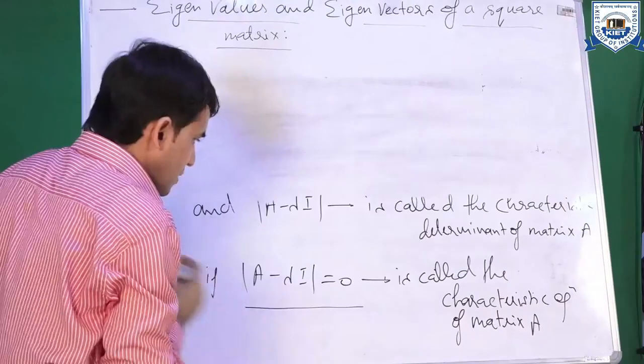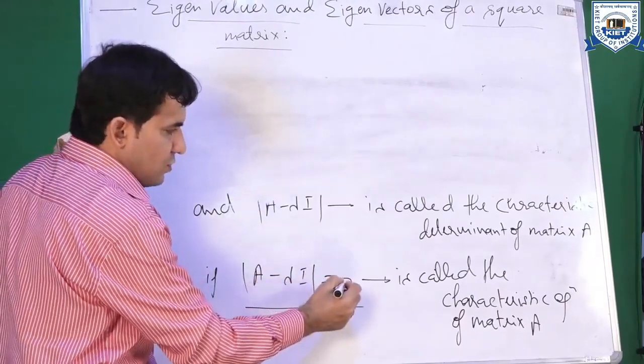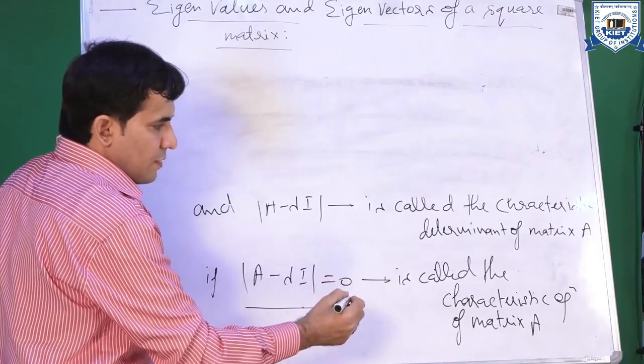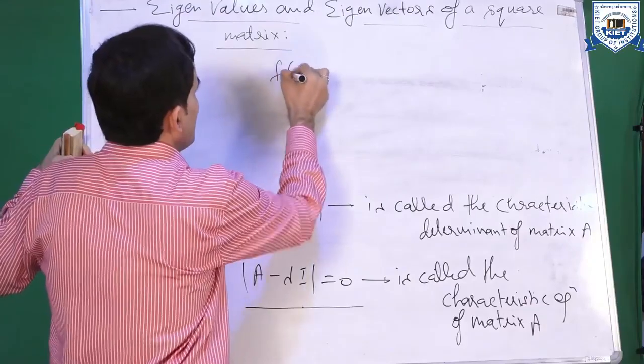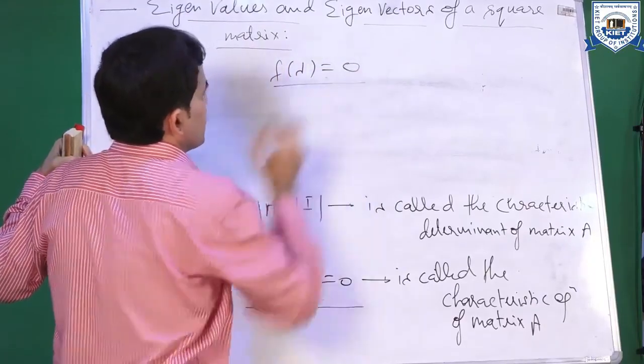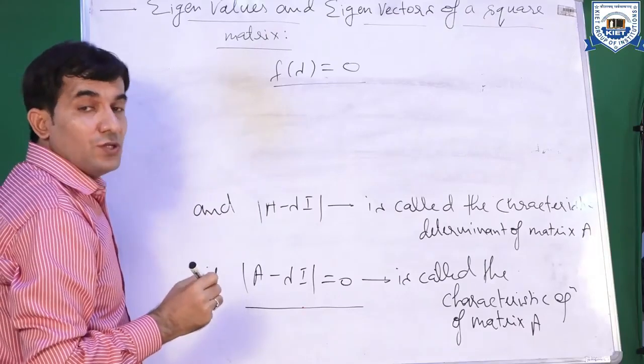Now on solving this equation, which will be in this form, f of lambda is equal to 0, we will get m values of lambda.